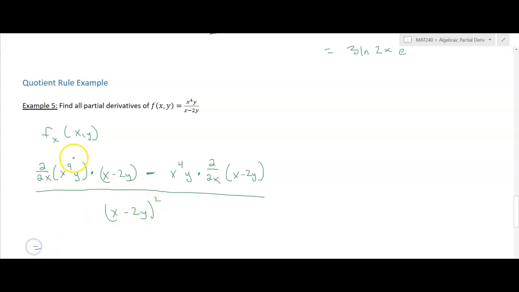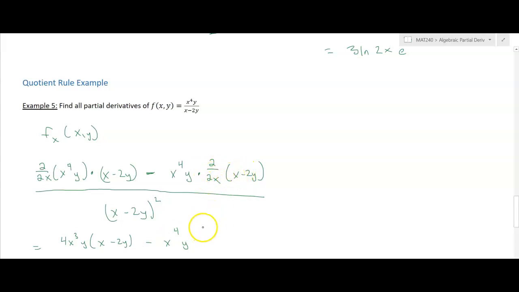And so the derivative of x to the fourth times y, well in this case we could factor out that y, and the derivative of x to the fourth is 4x cubed. So we would have 4x cubed y times x minus 2y, that's just this parenthetical expression, minus x to the fourth times y. Now the derivative, here we can apply the linearity of the derivative.